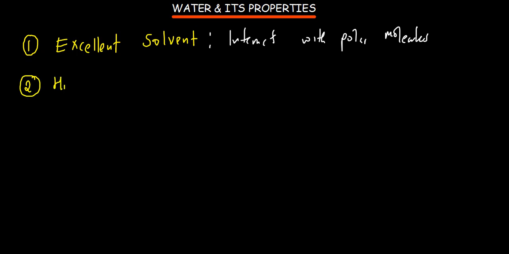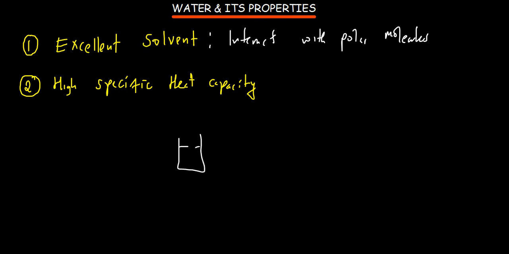The second property of water that we need to know is that water has got a high specific heat capacity. If we say specific heat capacity, I can give an example. Okay. Let's say you have got water in a jug or something.